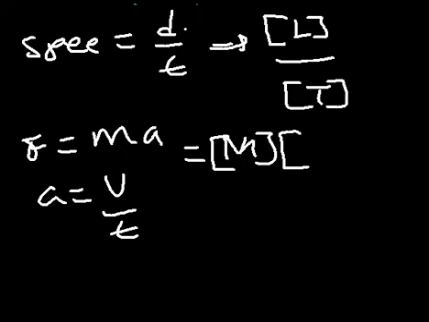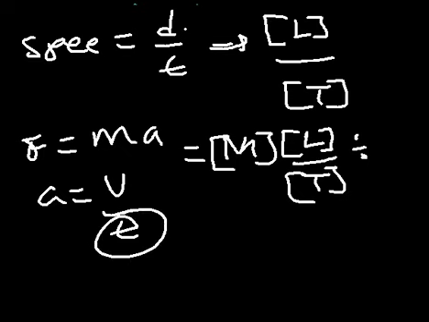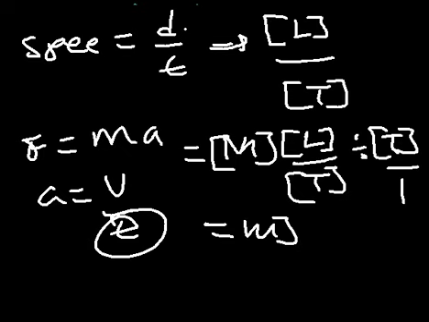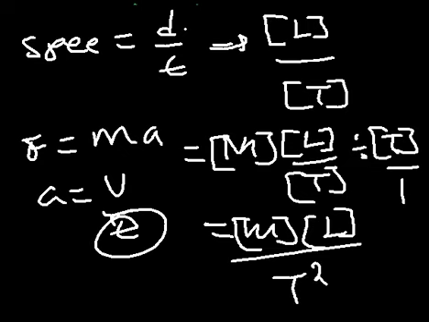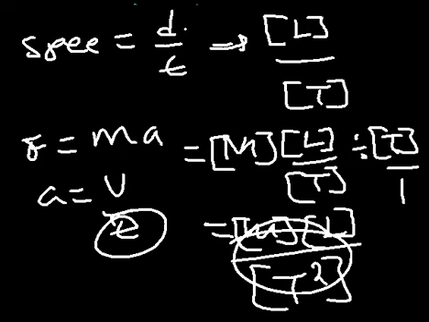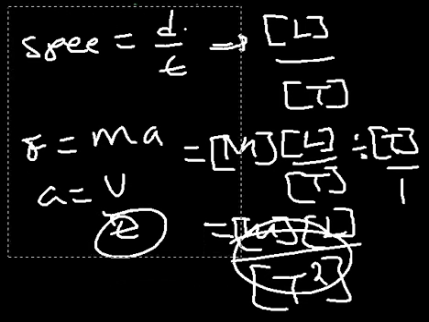Of course this is the same as having length over time, and that divided by time. The time will be given as T. And of course this is the same as having mass, the capital M, times L divided by T to the power -2. So this is the measure of the force. Keep that in mind.